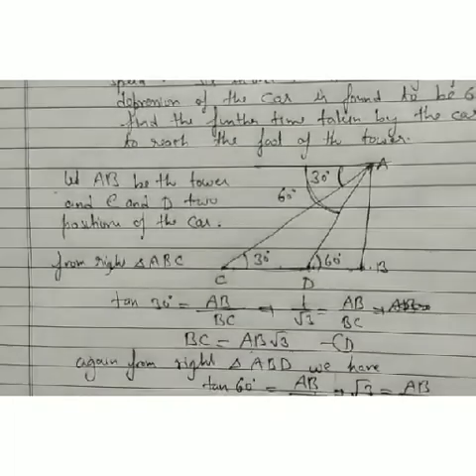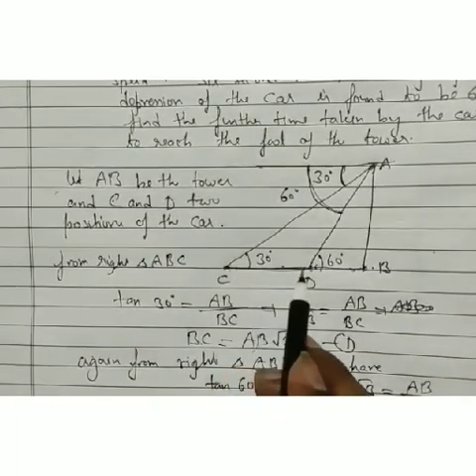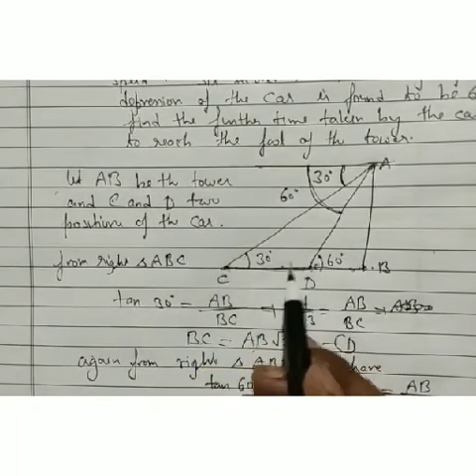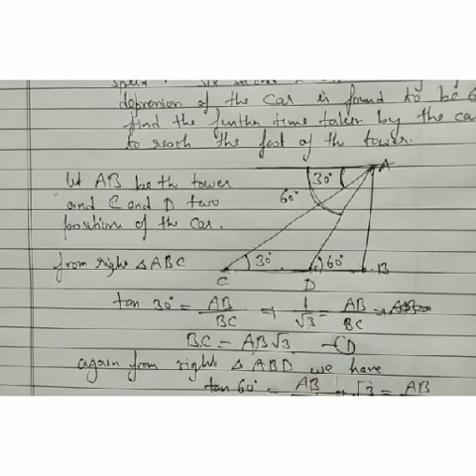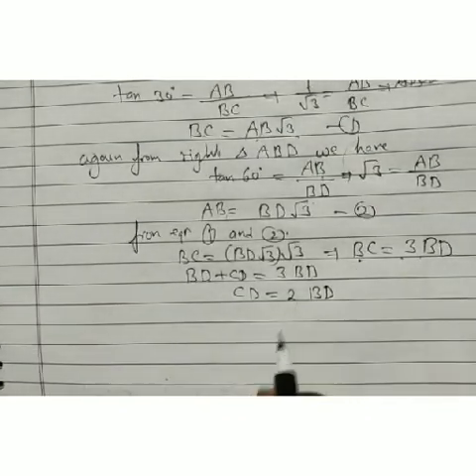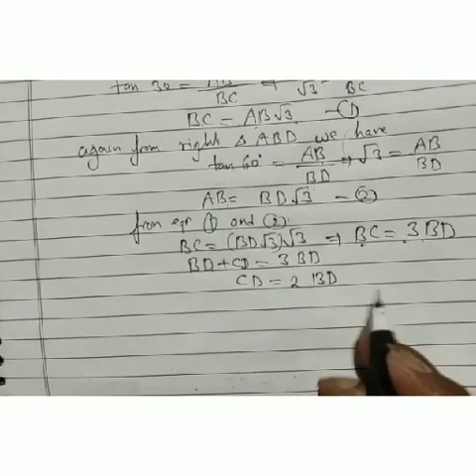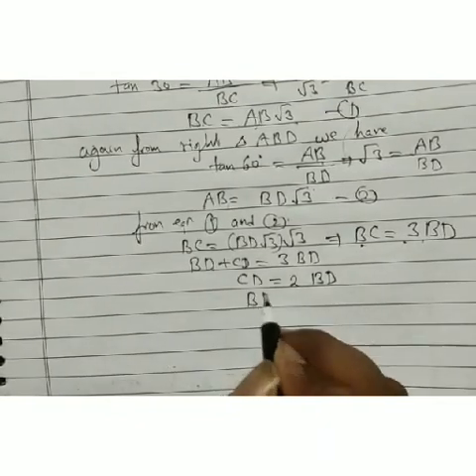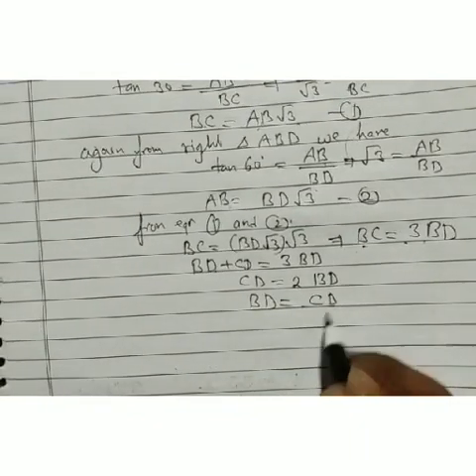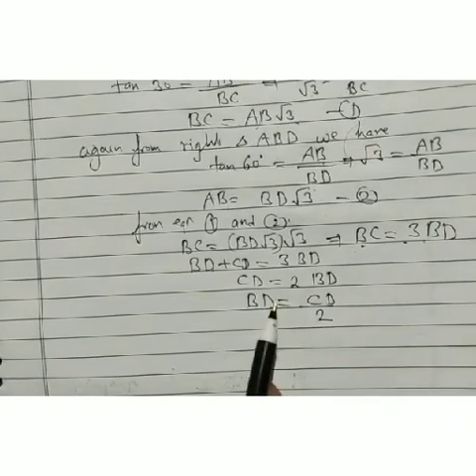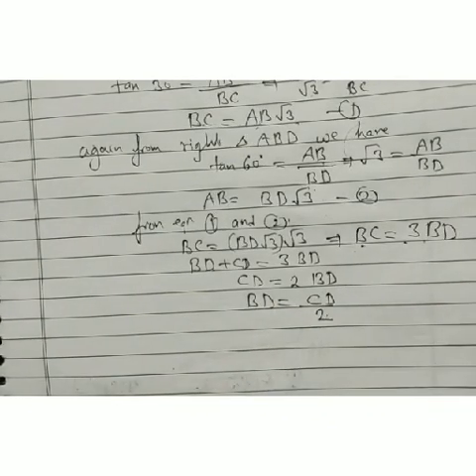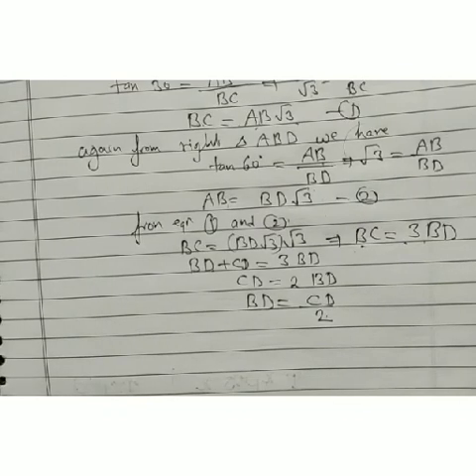Now we have found the relationship: the distance CD is just double the distance BD. Then BD is equal to CD upon 2. So our distance BD is just half of CD. Now we are just going to mention that the car is moving with a uniform speed.